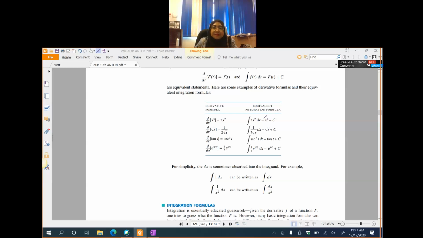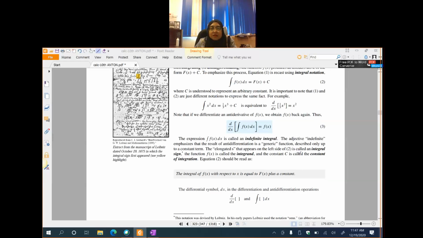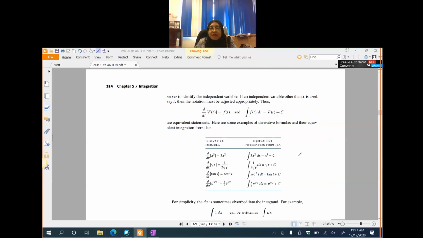So basically they are very close to what we got from previous sessions. It's just the inverse operation, and we got 3x squared from the power rule.